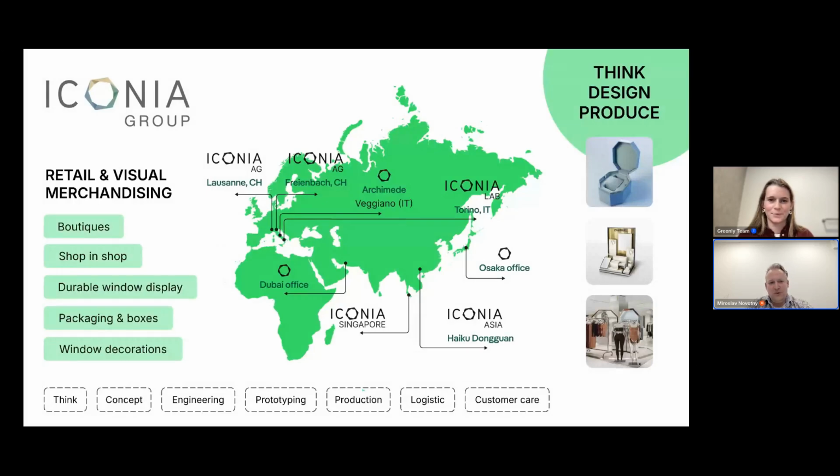So before we go deeper in the discussion, I'll just shortly introduce the company. Econia is the leader of visual merchandising and retail architecture. We are a specialist in luxury displays, packaging, and interior products, not only in production, but also in designing, engineering, and every kind of service you actually can imagine.